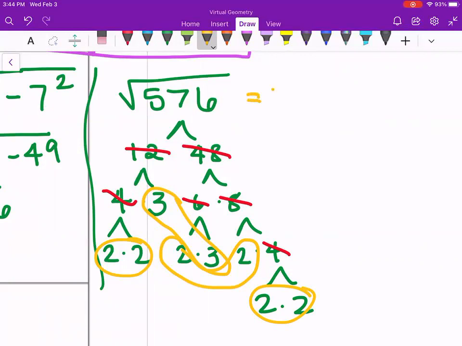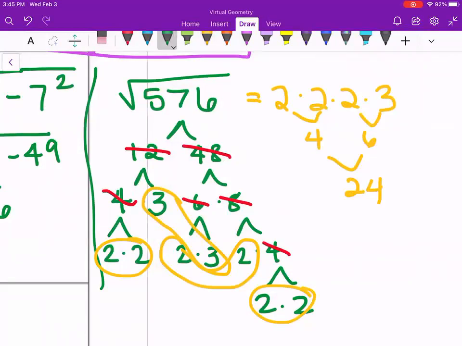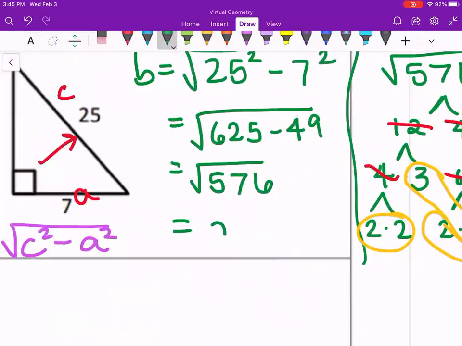So we had 3 pairs of 2s and 1 pair of 3s. So let's multiply this back together. 2 times 2 is 4. 2 times 3 is 6. So 24 is my final answer. There is my missing side of the triangle.